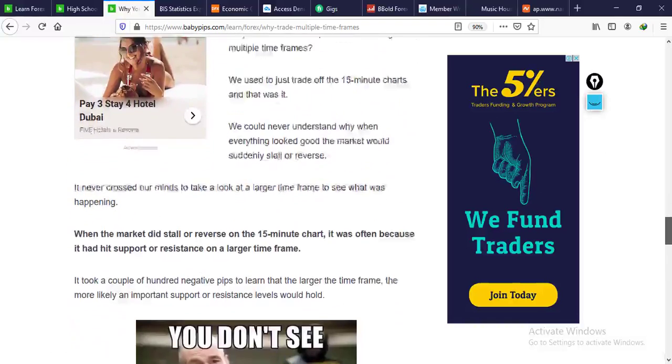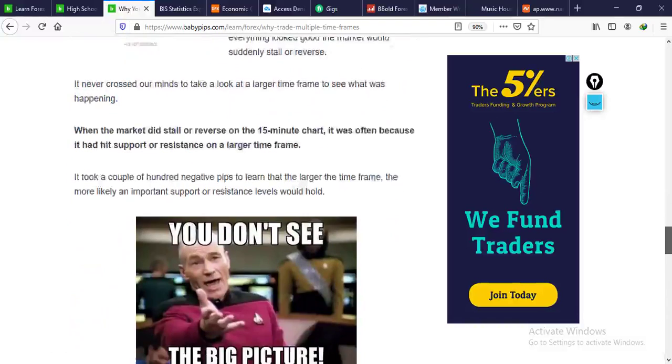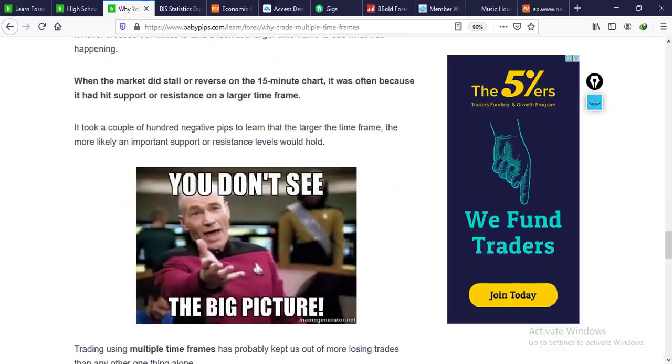Because what multiple time frames do is help you look at the bigger picture. When you look at just one time frame, you don't see the big picture, but when you look at the bigger time frame, you get a better idea of where price has been coming from and where it is headed. So once you have that idea in the back of your mind, you will scale down to lower time frames and take a position.